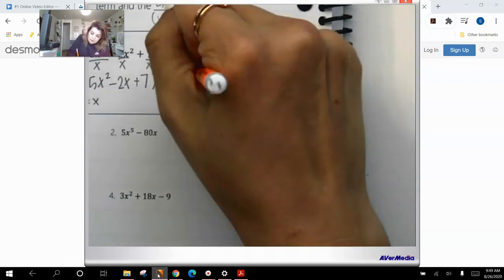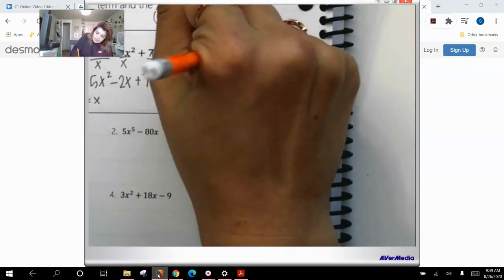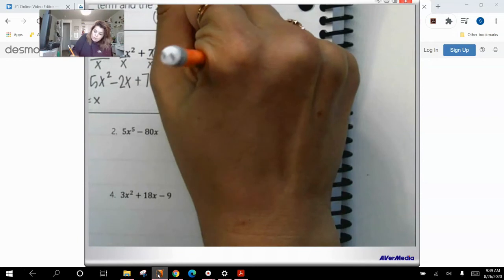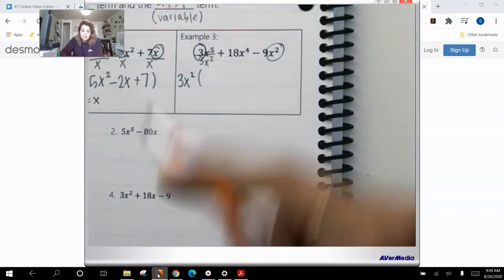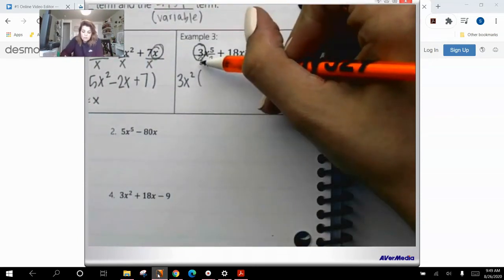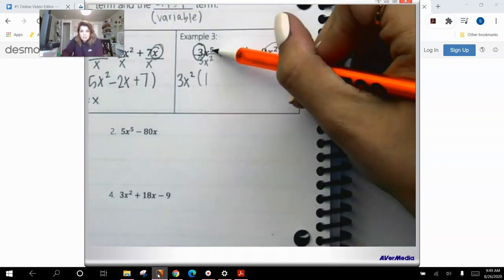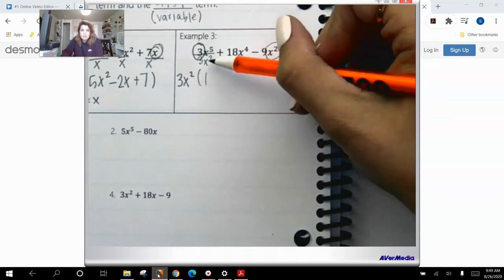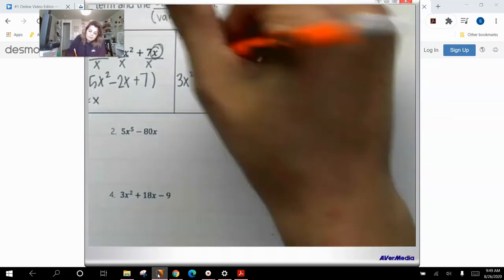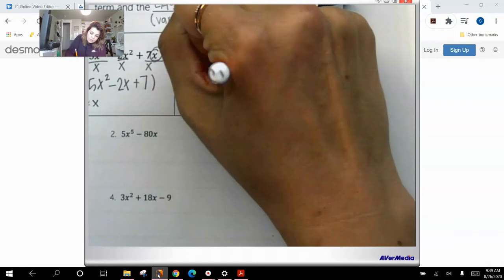I'm going to start my parentheses, and then I'm going to divide each term by 3x squared. So 3 divided by 3 is 1. If I have x to the 5th and I take 2 of them away, that leaves me with x to the 3rd.